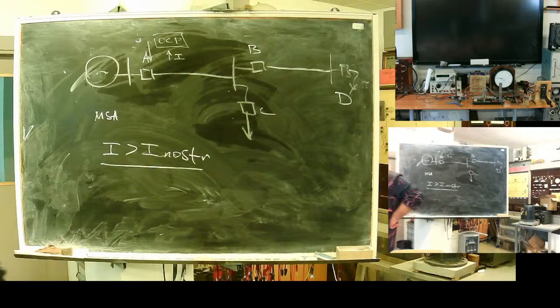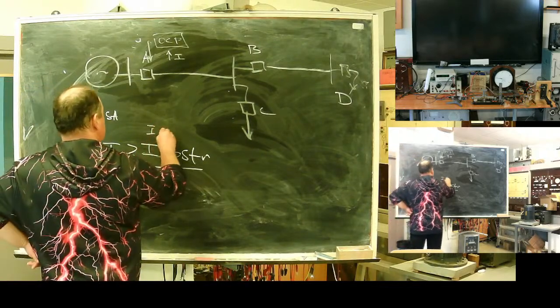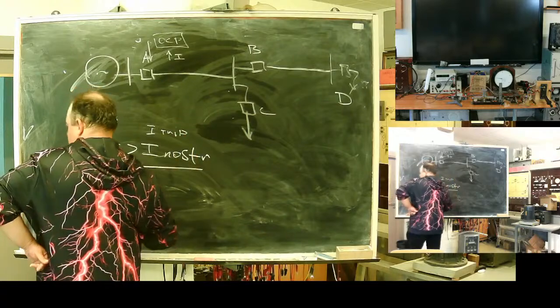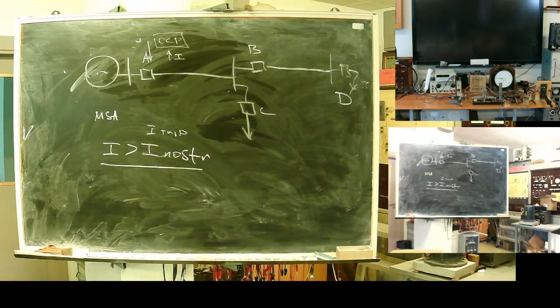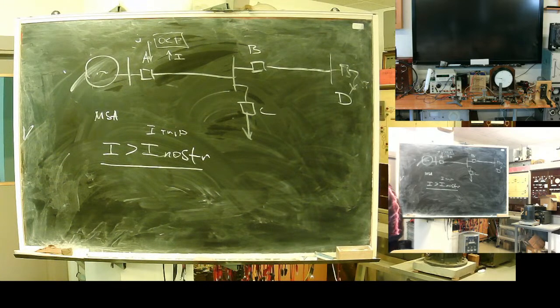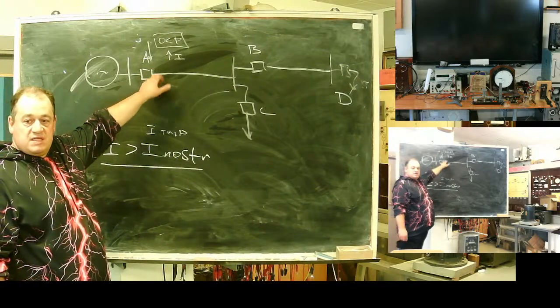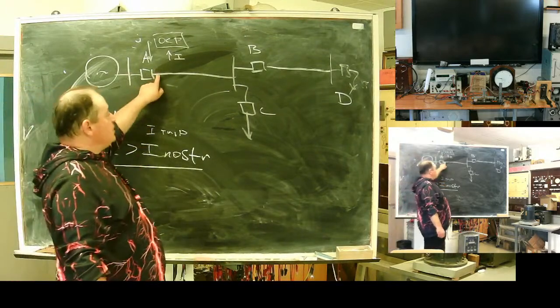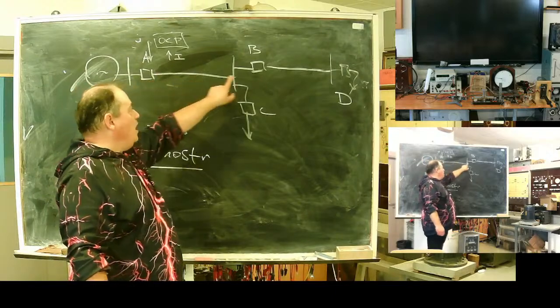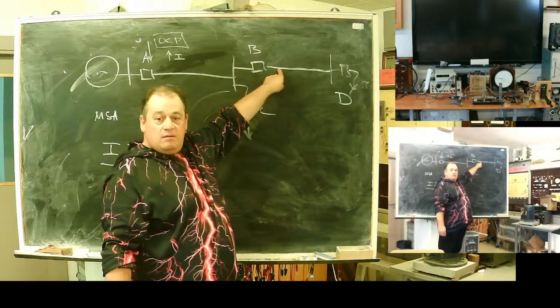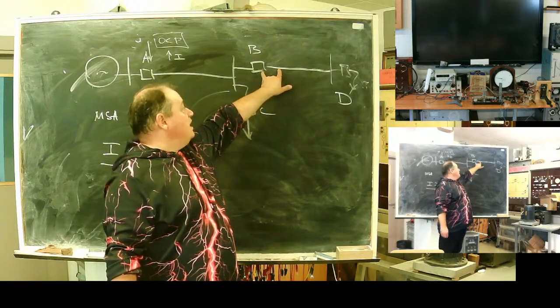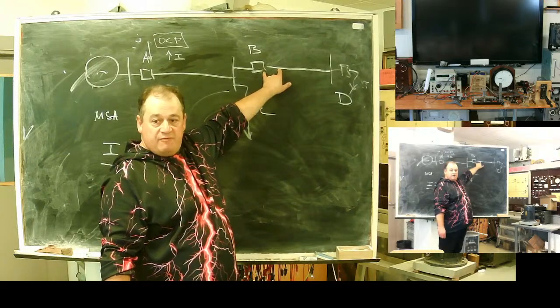When the current is above a protection set point, my device A, sitting in substation A, should trip. If fault here, yeah, if here, yeah, if here, yeah. And if here, no. It's a protected area by device B.